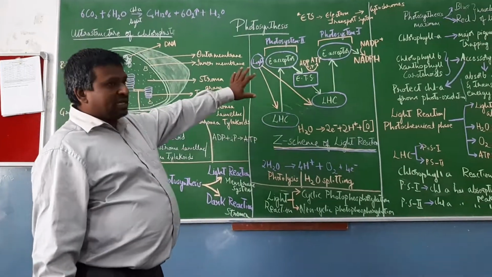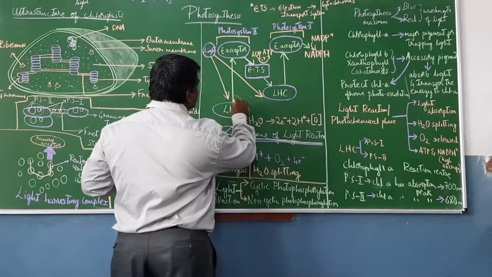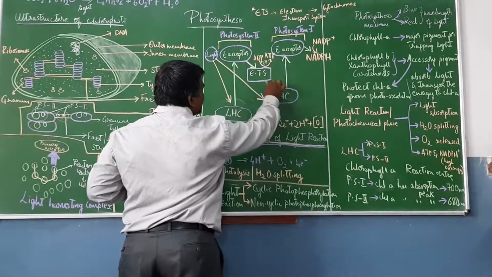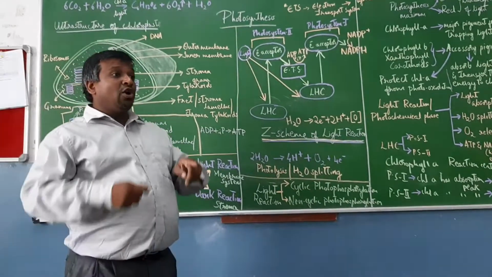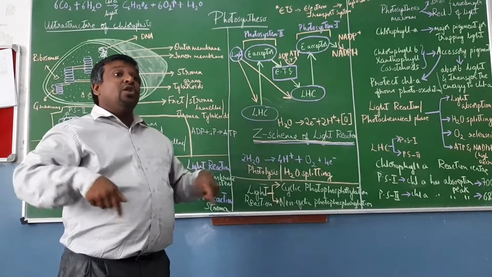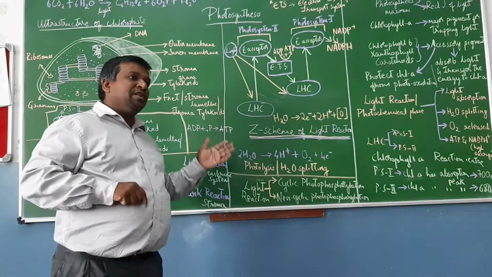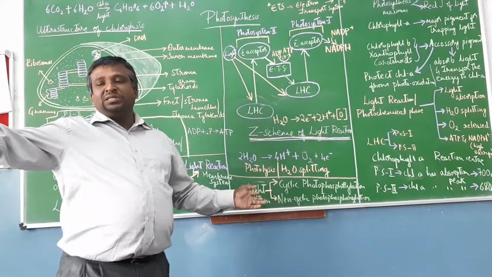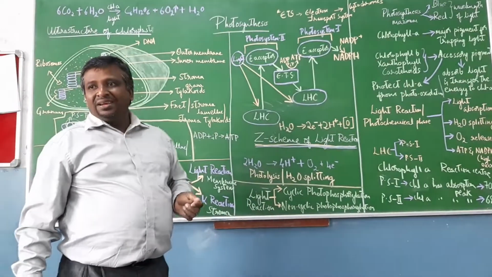Now when we go for this Z scheme, why do we call it a Z scheme? If you look at this, trace only this green part. What is the shape of it? Z shape. And it is not a cyclic process, it is a non-cyclic process. So when light of wavelength from 680 to 700 is available, non-cyclic photophosphorylation takes place.